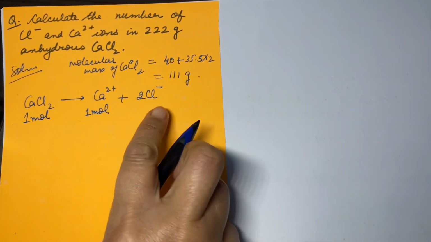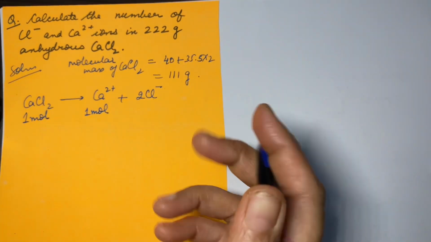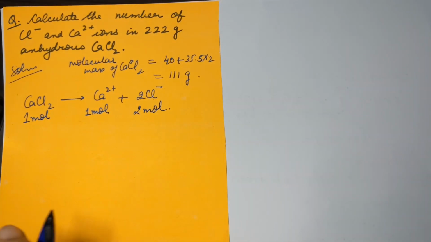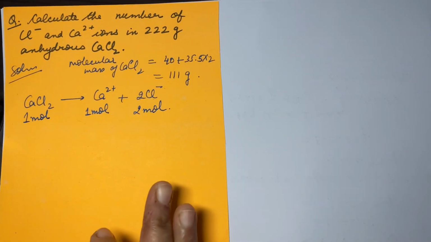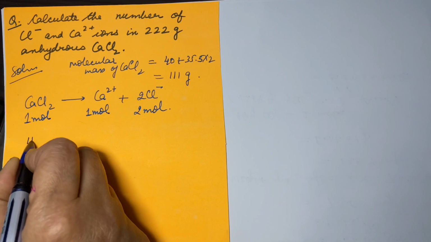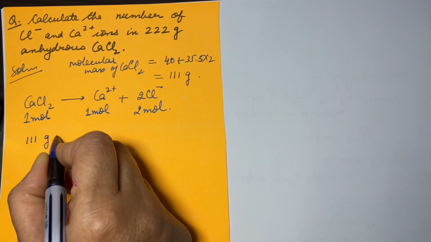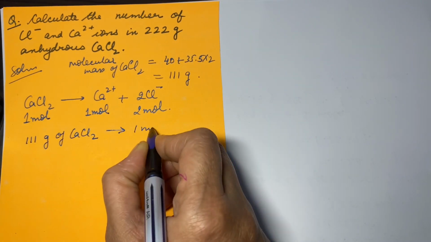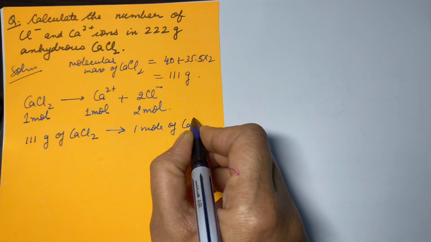But since here we are getting double Cl minus ion, we can say we are getting 2 moles of Cl minus ions. So in general we can say that 111 grams of calcium chloride has 1 mole of calcium ions.